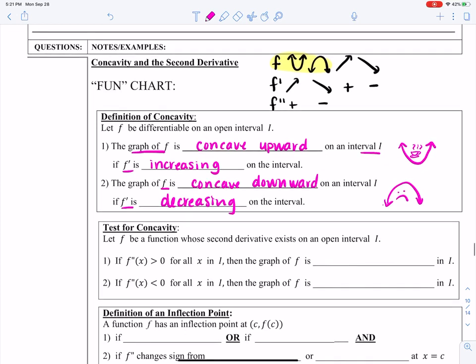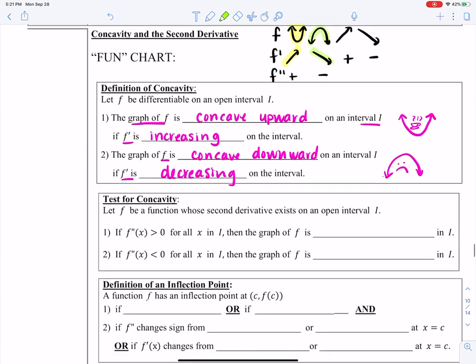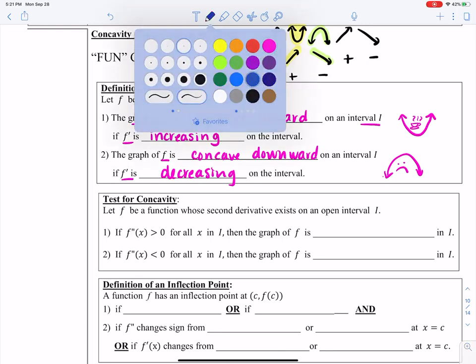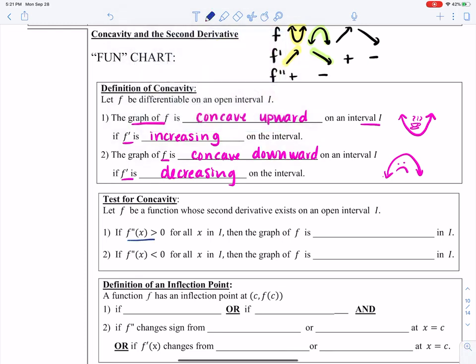And you'll notice that we can see some of this test for concavity information here. I can see concave up, f prime is increasing. And similarly, concave down, f prime is decreasing. Similarly, we can now also include the second derivative. If the second derivative is positive, then the graph of f is concave up.